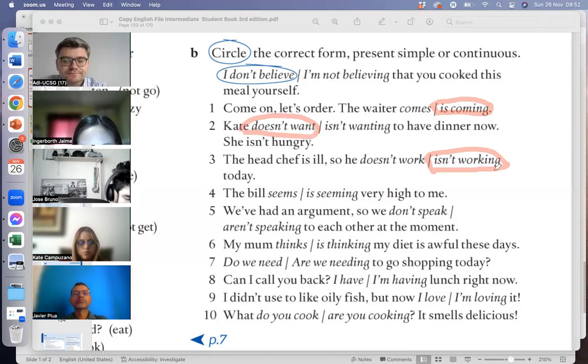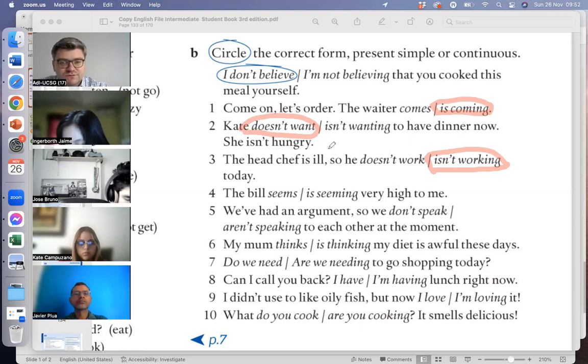Ingeborg, what do you think? No. So is it his temporary action or state? Yes, temporary action. Very good. At the moment, it's a temporary thing that he is sick or ill.